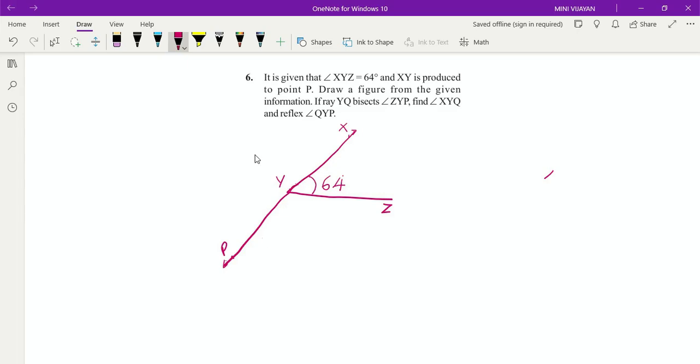So this is the figure. XYZ is an acute angle which measures 64, and I just produced XY to the point P in order to get the straight line XYP.